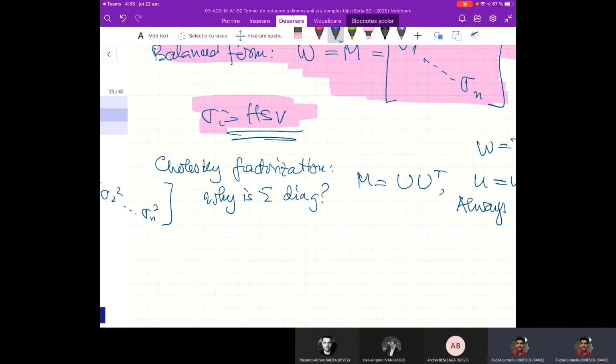If all its eigenvalues are different from 0.